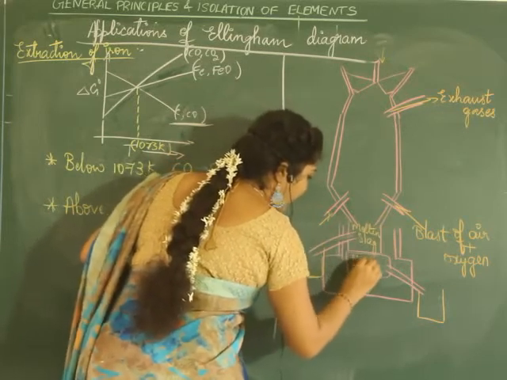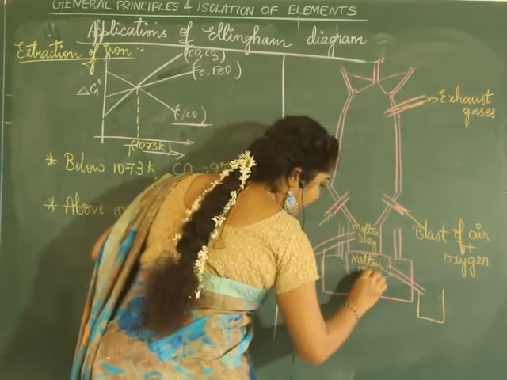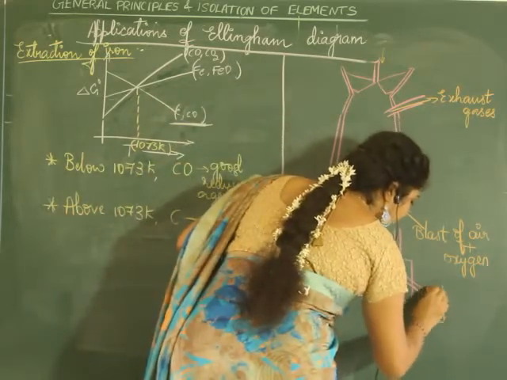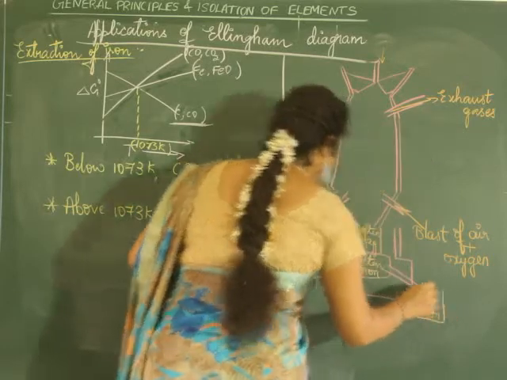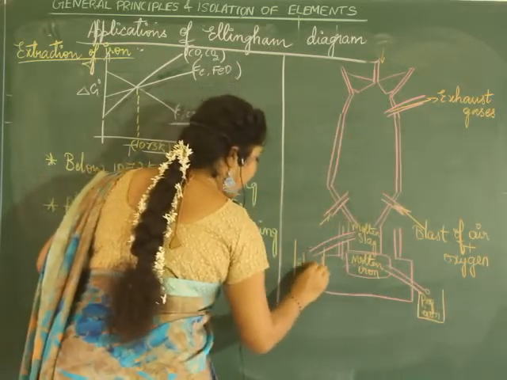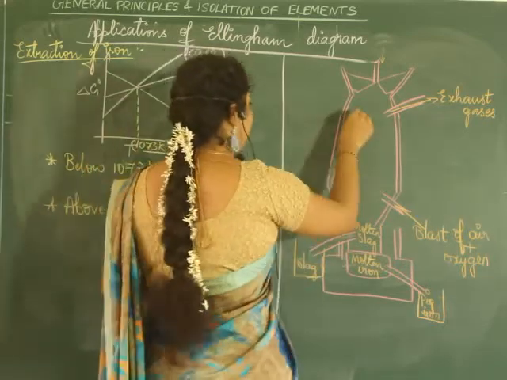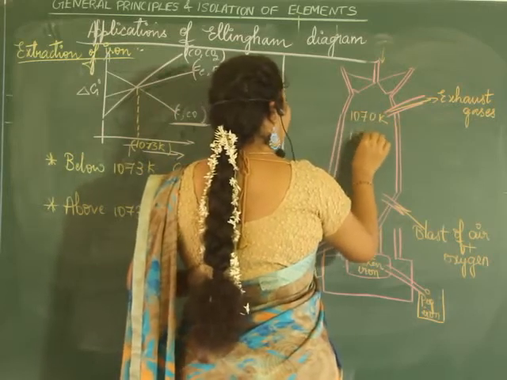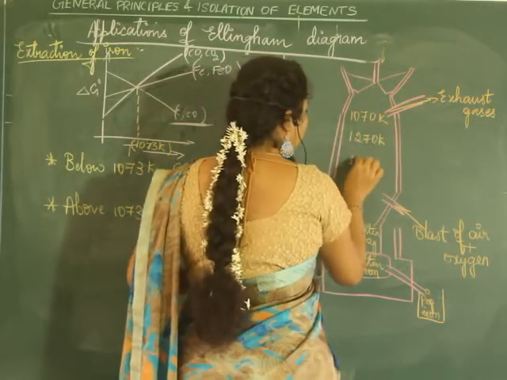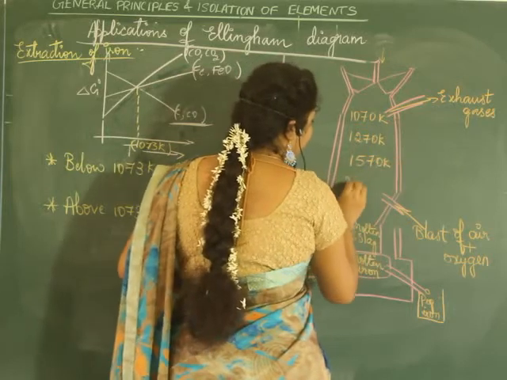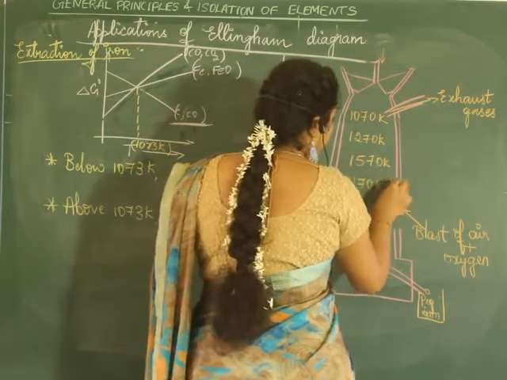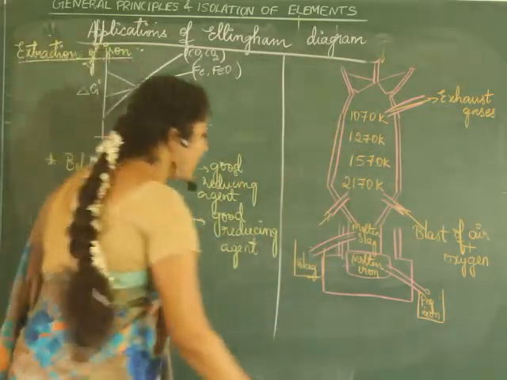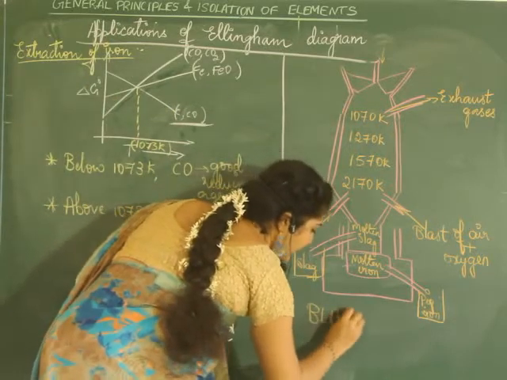This is an area for molten iron. And here pig iron will be collected, and here slag will be collected, that is molten impurities. And here the temperature ranges are 1070 Kelvin, 1270 Kelvin, 1570 Kelvin and 2170 Kelvin. This is a rough diagram of the furnace which we use here, which is called a blast furnace.